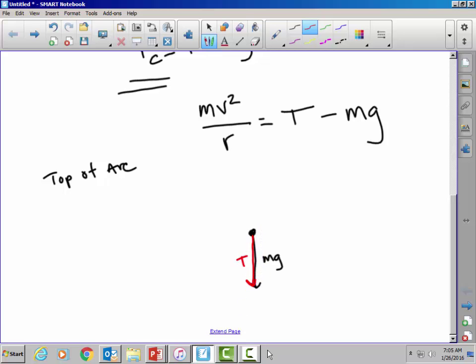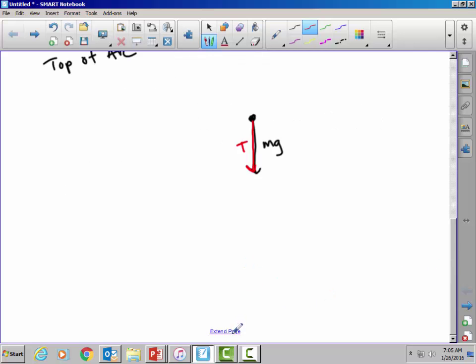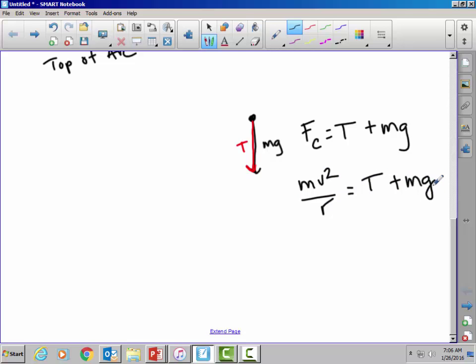So now I'm going to have two forces that are pulling down to keep the bucket going in a circle. So at the top of the arc, my centripetal force would be my tension plus my weight. mv squared over r equals tension plus mg.